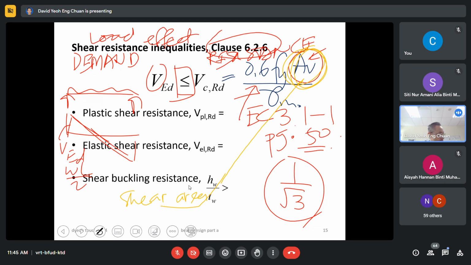Where is it written to calculate the shear area? Where are the formulas given? Shear area.